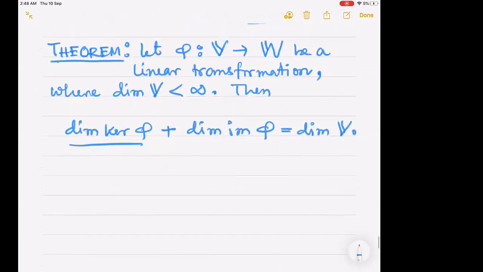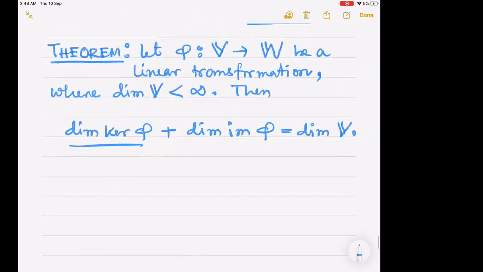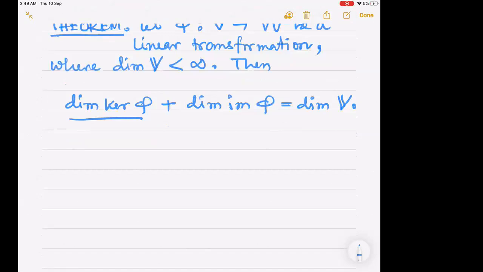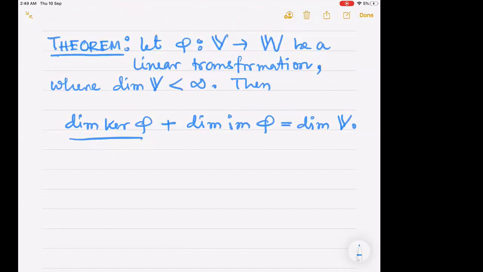And the proof, surprisingly, will not require anything about matrices. But matrices, by virtue of being linear transformations from vector spaces that are tuples of numbers, it will follow automatically that this will imply the rank nullity theorem, the one that we have seen in the second module of this lecture.